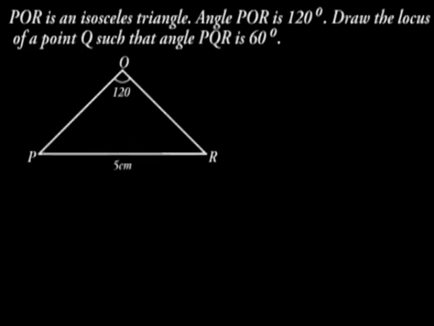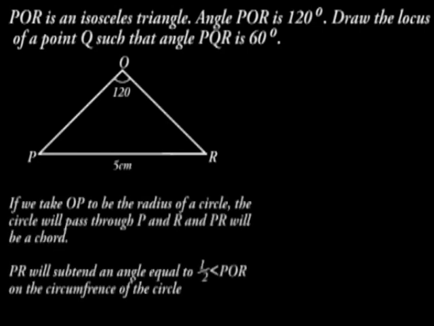In our solution, if we take OP to be the radius of a circle, the circle will pass through P and R, and PR will be a chord. PR will subtend an angle equal to half angle POR on the circumference of the circle so formed. This is shown below.